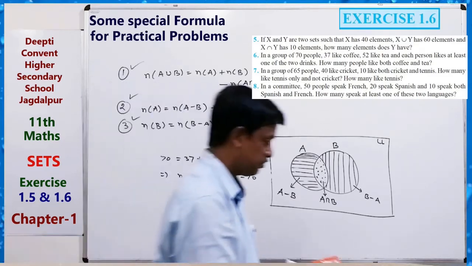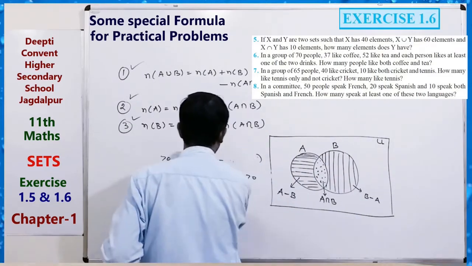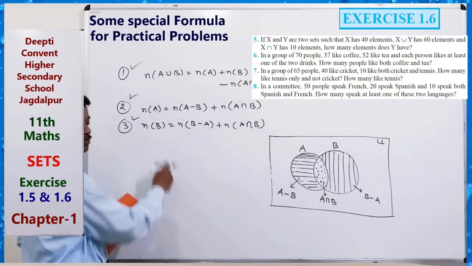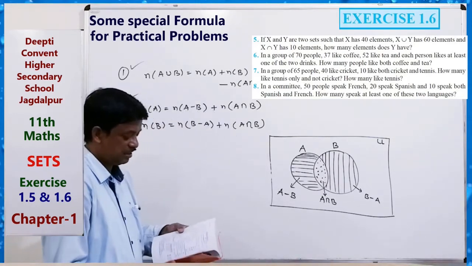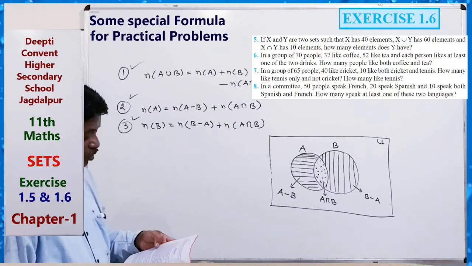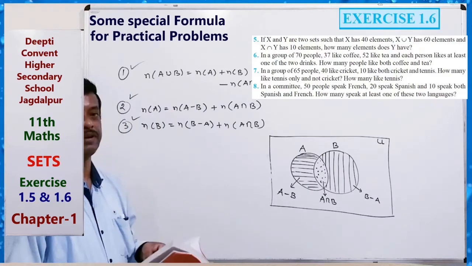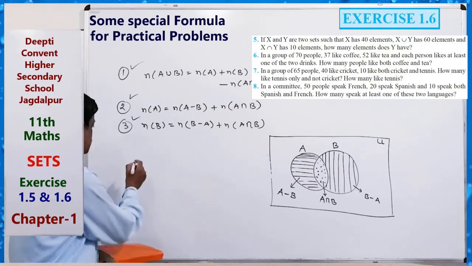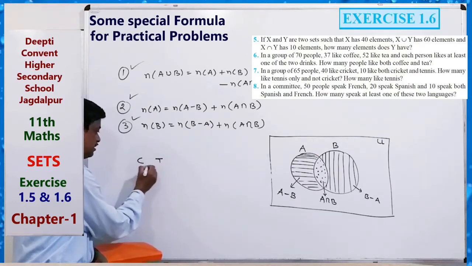For this question we will use this formula also. First of all, here we are given a group of 65 people, that is the union. This is cricket, this is tennis.